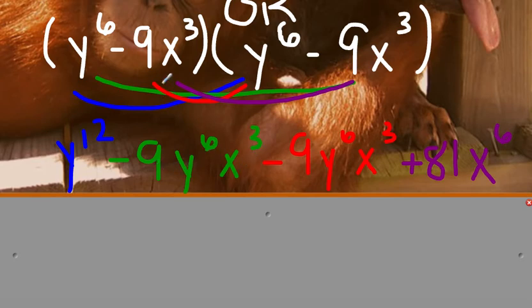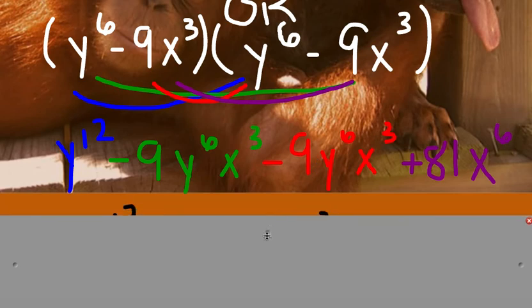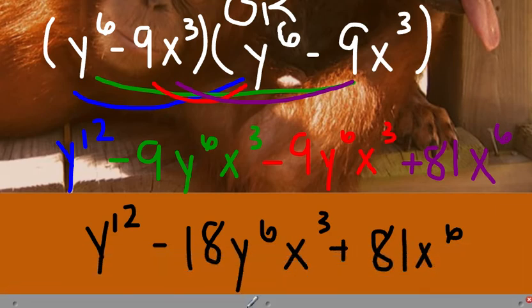Then our red is our inner terms, which will give me negative 9y to the 6 x cubed. And then our last terms in purple are going to give us a positive 81x to the 6th power. So then if you go ahead and simplify and combine your like terms, my final answer will be y to the 12th power minus 18y to the 6th x cubed plus 81x to the 6th.